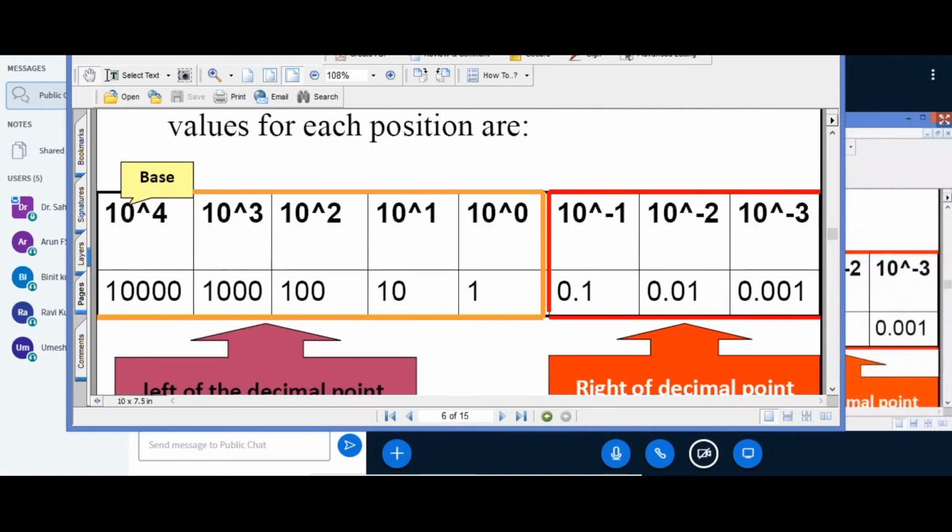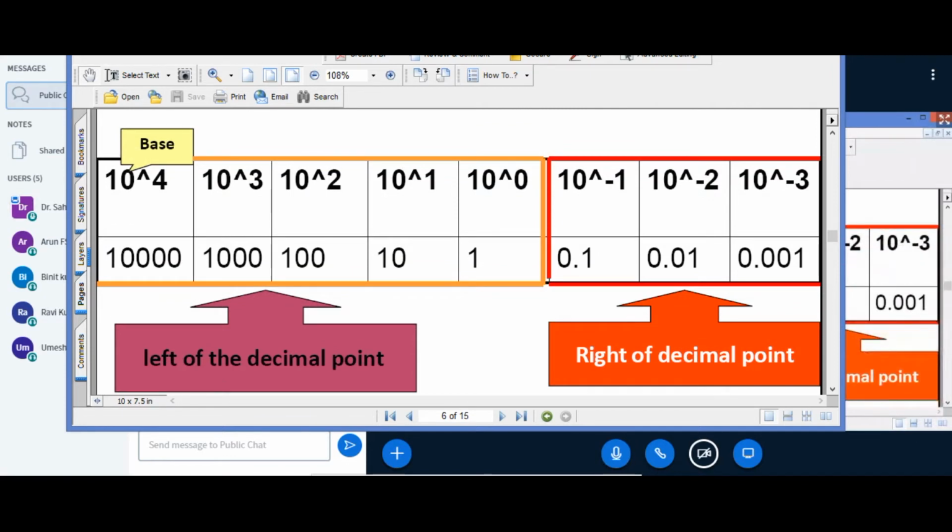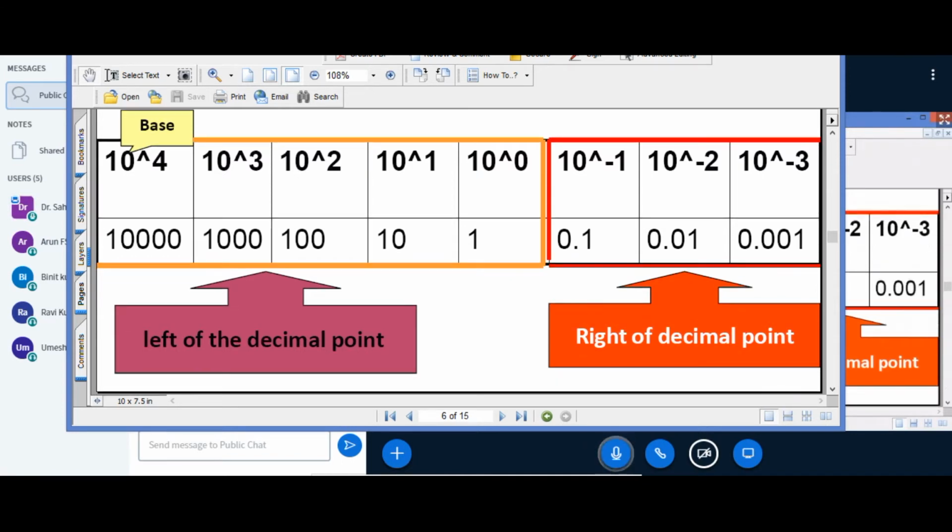So look at here, 10 to the power 0, this is the 1, and 10 to the power 1 means the 10, to the left of the decimal point, and 10 to the power 2 is 100.